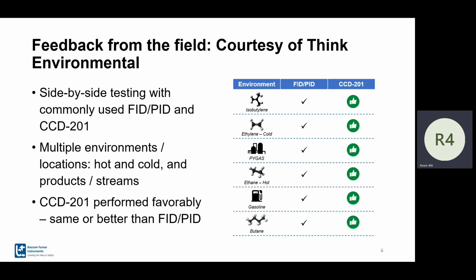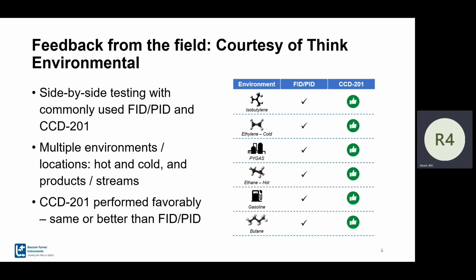Montrose and Think and others have used our units in the field and done some side-by-side testing for us. I'm going to speak a little on Think's part here, but those who have done the testing and worked for Think, please interrupt me as I go. Side-by-side testing with the CCD and commonly used FID, PIDs in many environments, hot, cold, products and streams, and in all those environments, the CCD performed the same or better than the commonly used FID, PID.